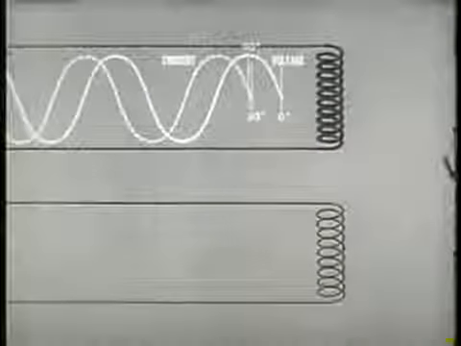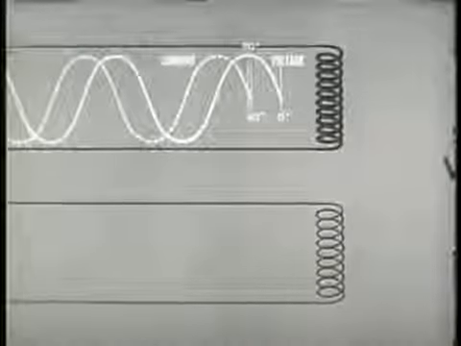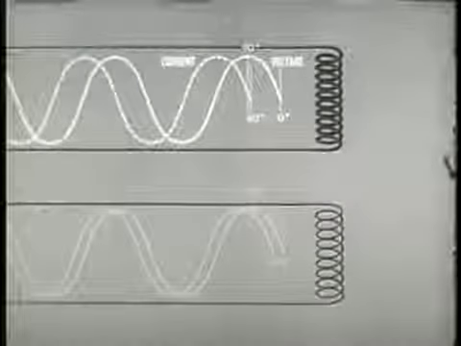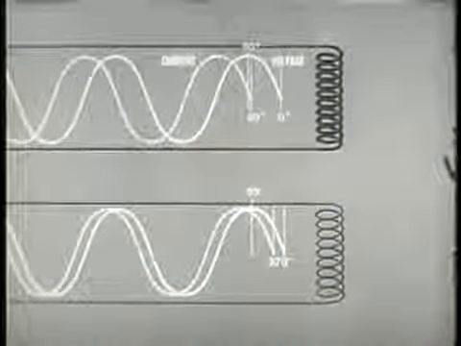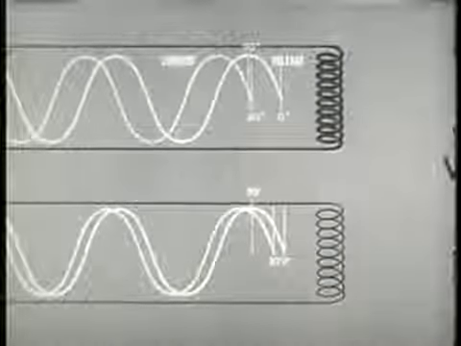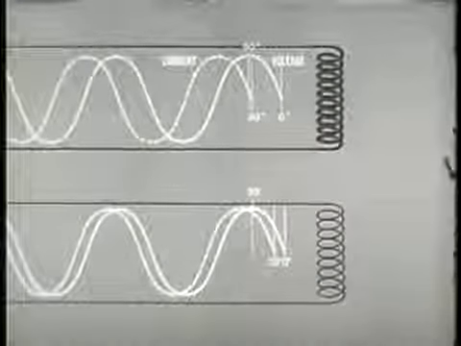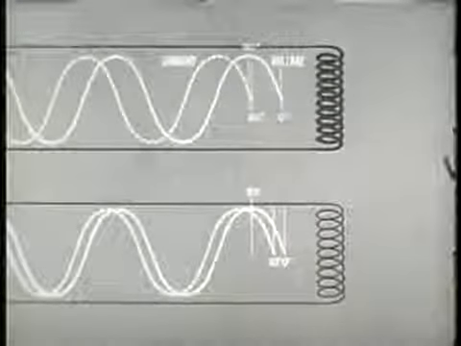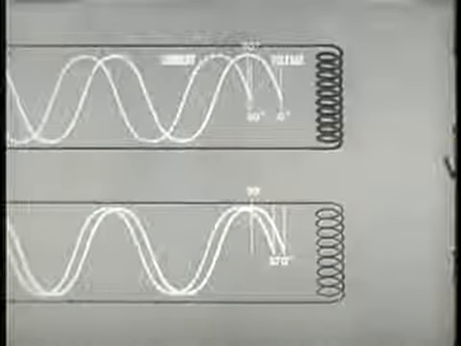The greater resistance of the starter winding, because of its smaller diameter, causes the current to lag the voltage by much less than 90 degrees, say 30 degrees. The net effect is then that the greater resistance of the starter windings causes the phase shift to be less than that of the main winding.